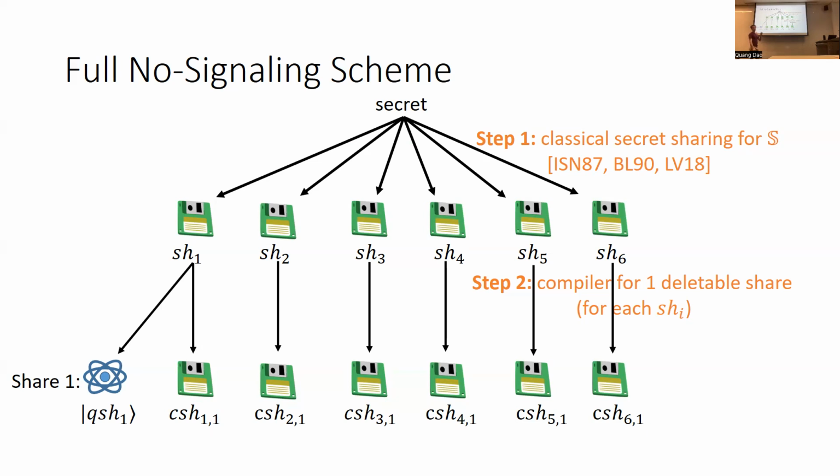It's then going to receive its corresponding classical share of SH2, and corresponding classical share of SH3, and so on. And then it'll be similar for other shares. So party 2 will get quantum share 2 as well as the second piece of each top level share.